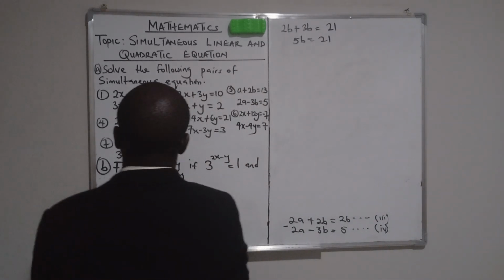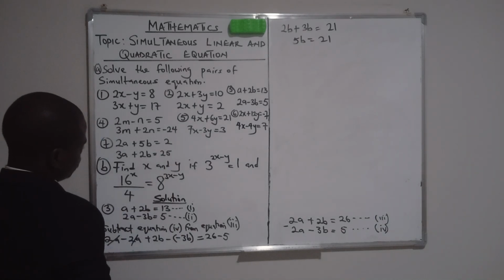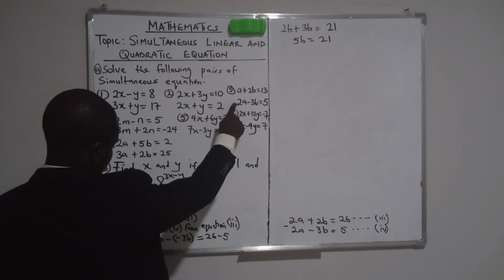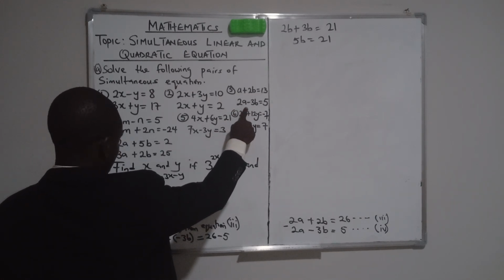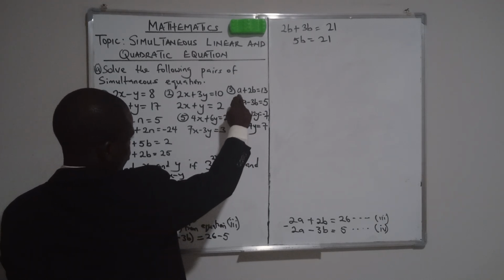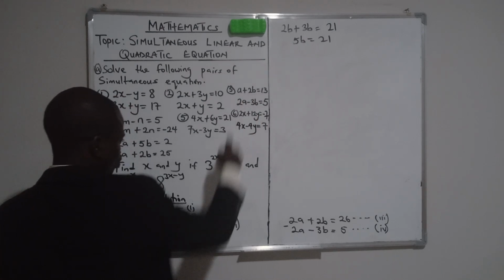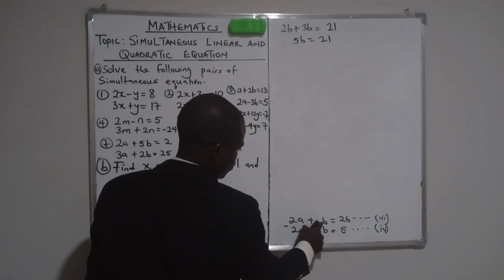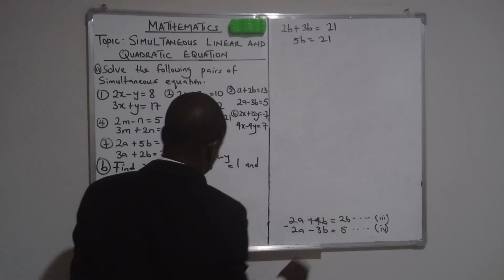Hope there's no mistake somewhere. Let's check very well. We're here: a plus 2b is 13, 2a minus 3b is 5. 2 times a has 2a. Okay, we are multiplying by 2, so this one will be 4. Sorry, this one will be 4. How is it 4?